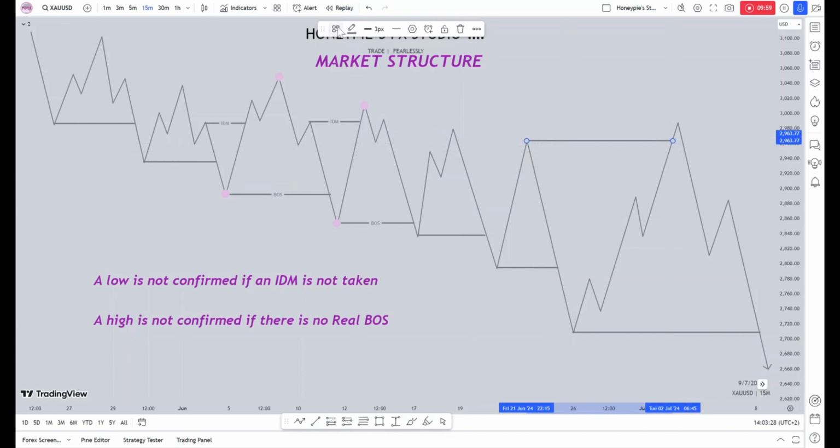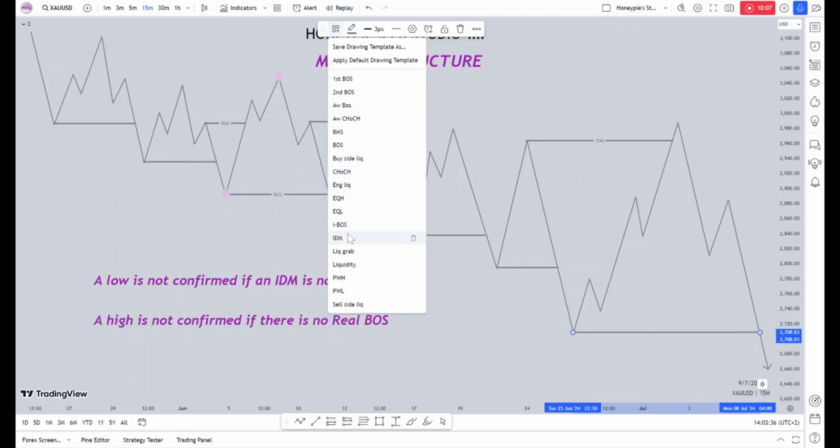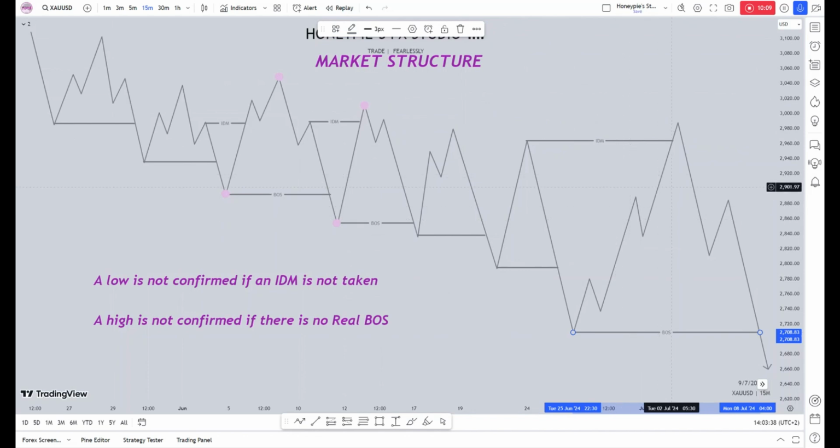So at this point, this is an inducement, and this point here is a proper break of structure. Once this is a proper break of structure, you can then see that price will keep falling down, and our high is confirmed because we have a proper break of structure, and our low is confirmed because we have an inducement which is being taken out.